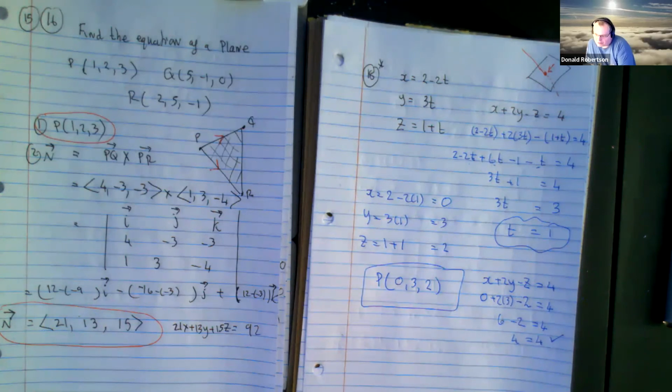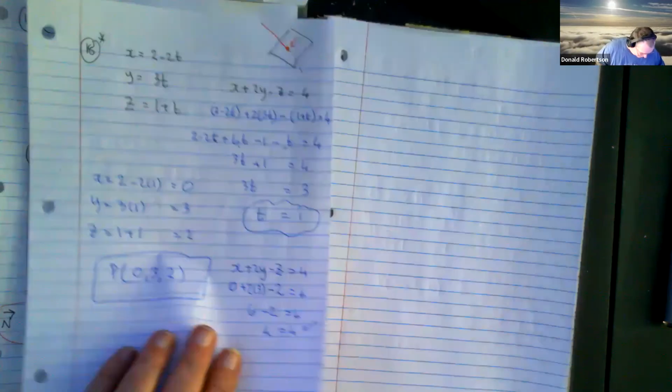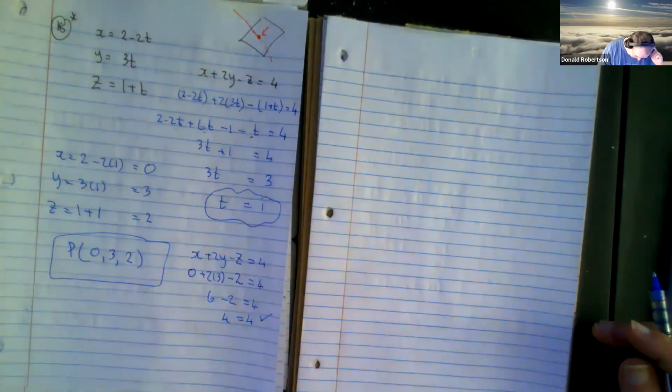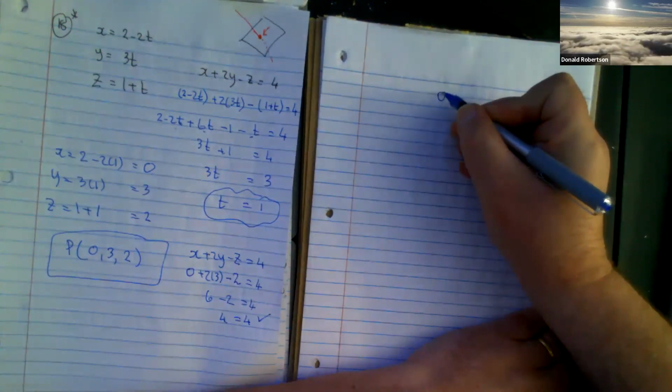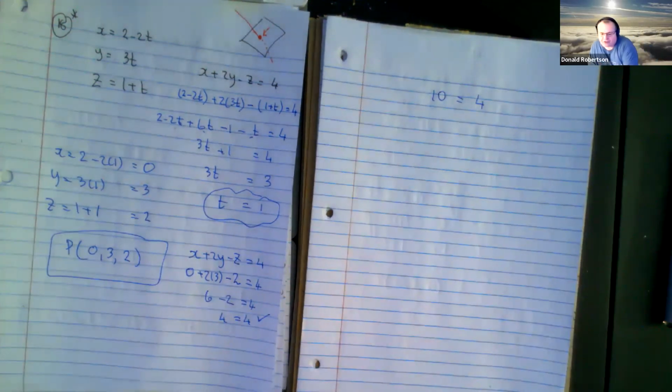So far, so good. Now, let's imagine complications. Suppose I have an equation of a line and an equation of the plane, and I do the substitution like we did here, and this happened. All the t's disappeared, and there was a 10 on the left and equals a 4 on the right.